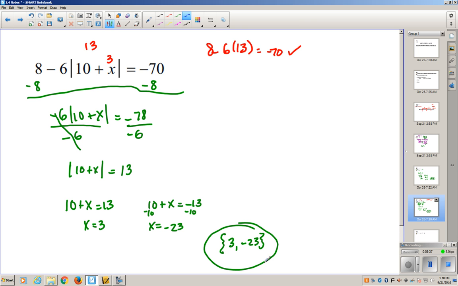Let's plug negative 23 in. So we would have 8 minus 6 times the absolute value of 10 plus negative 23 is supposed to give me negative 70. Well, 10 plus negative 23 is negative 13. But the absolute value of negative 13 is 13.